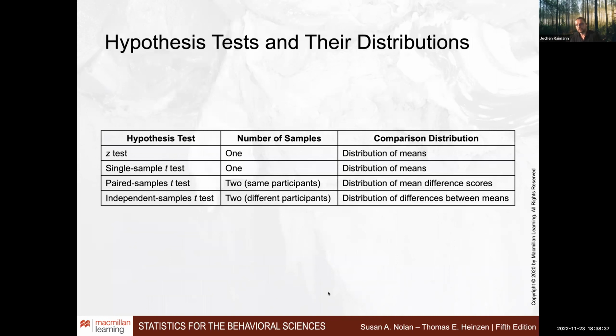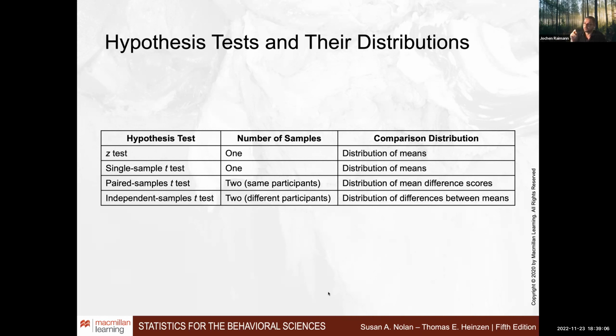So before we get started, Nolan and Heinz want us to quickly review the different tests. I briefly alluded to this before. At this point in time, we've dealt with 4 different hypothesis tests. The first one, which we discussed, was the Z test as the simplest of our tests. So we have one sample, one mean that we're comparing to a population mean.